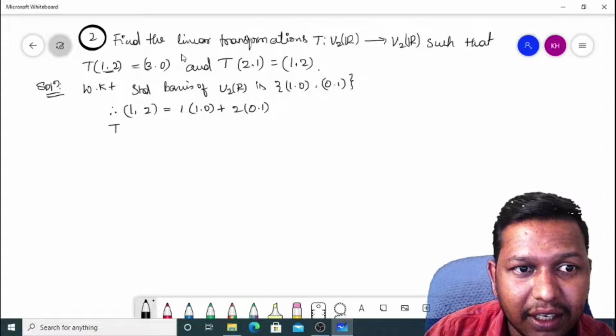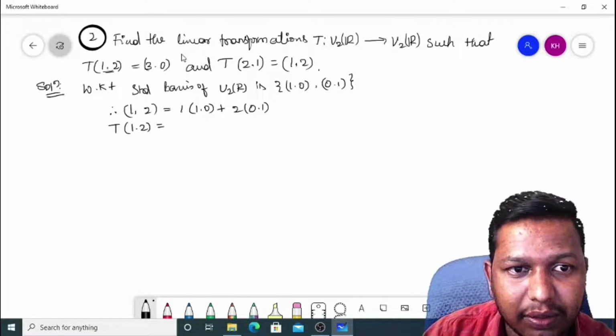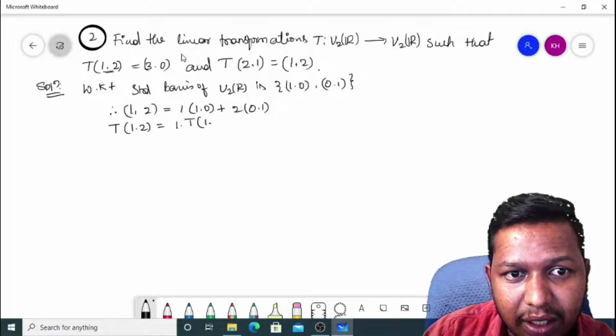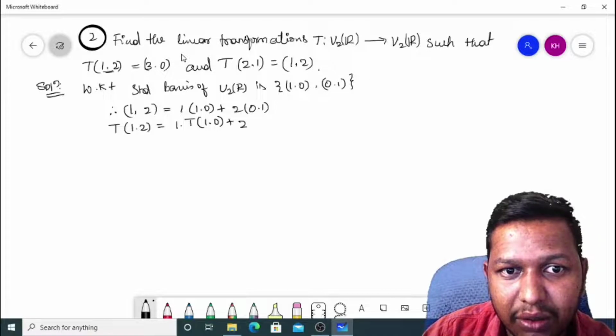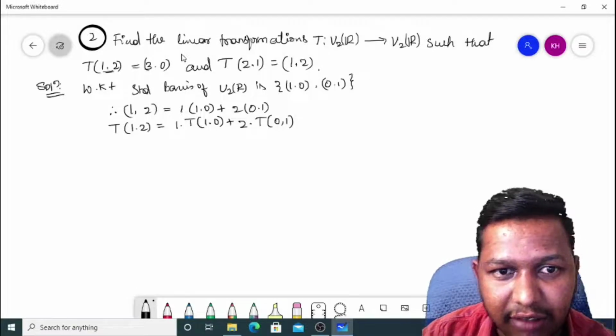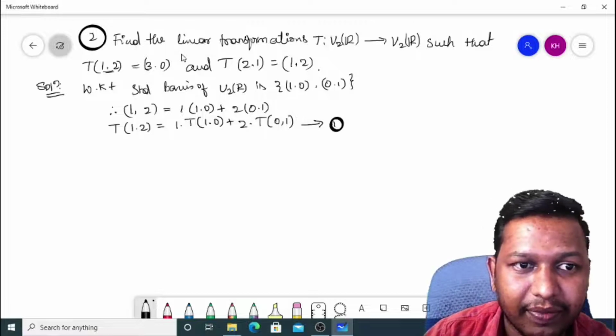Then take T on both sides. T of (1, 2) is equal to 1 into T of (1, 0) plus 2 into T of (0, 1), because T is a linear transformation. I take this as equation 1.